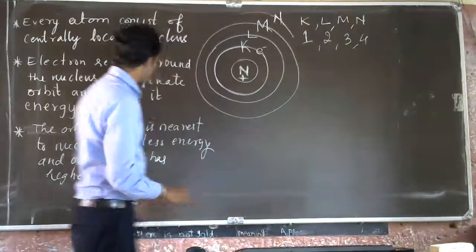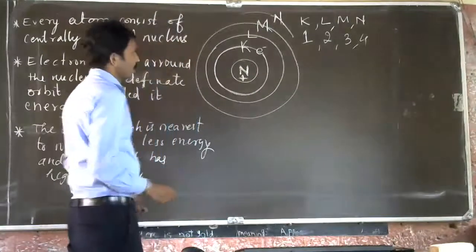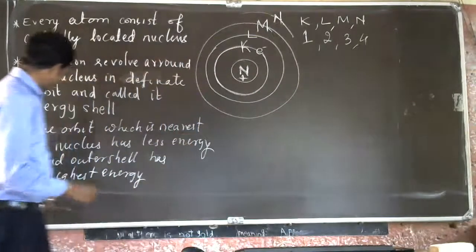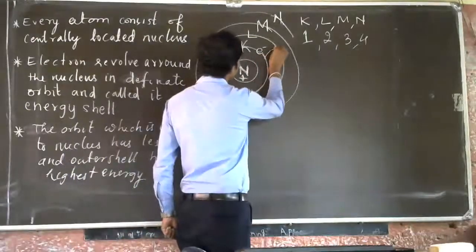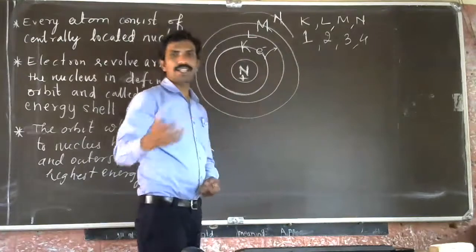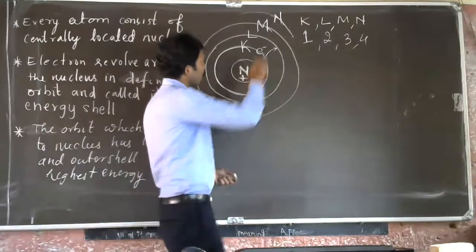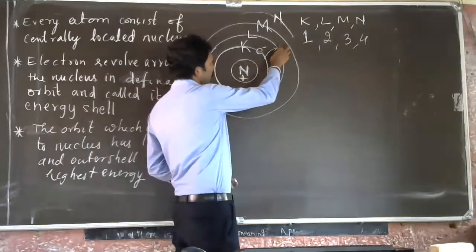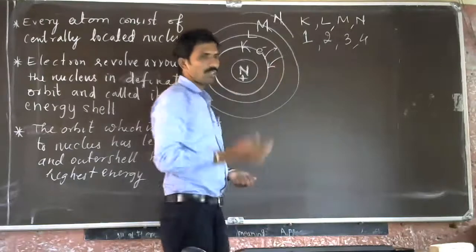And he told that an electron from a lower orbit sometimes jumps to a higher energy level. Similarly, an electron sometimes reduces energy and comes back.